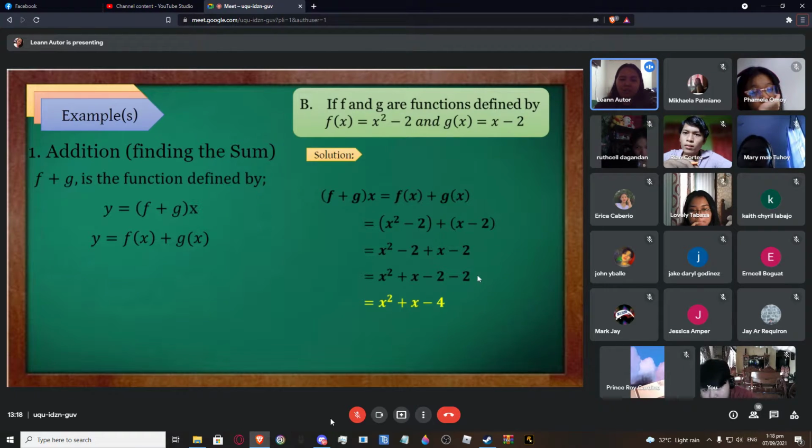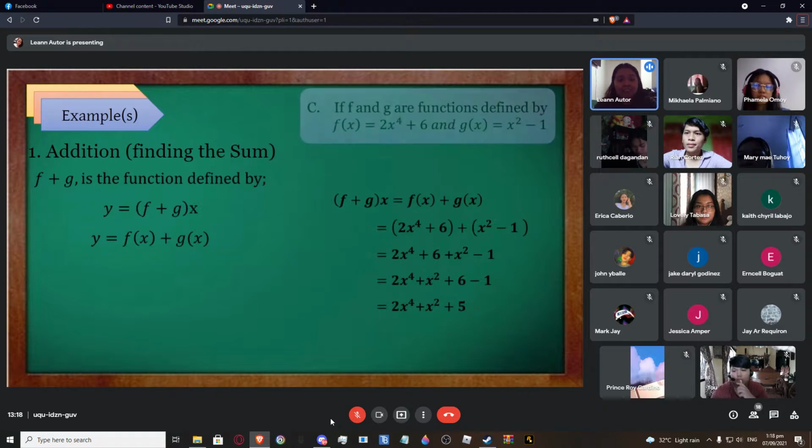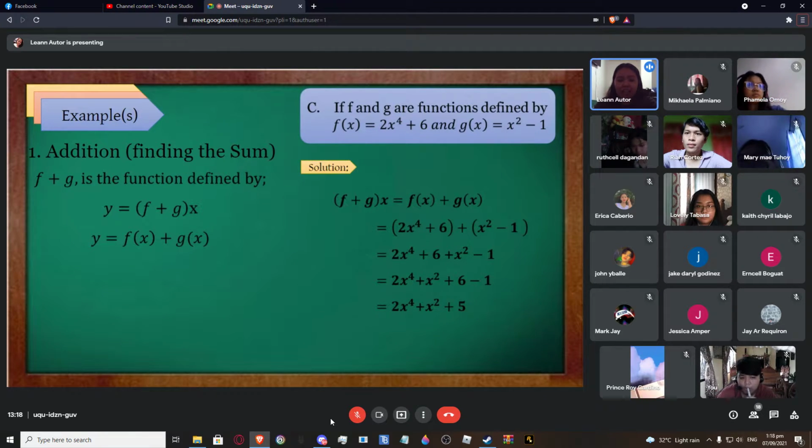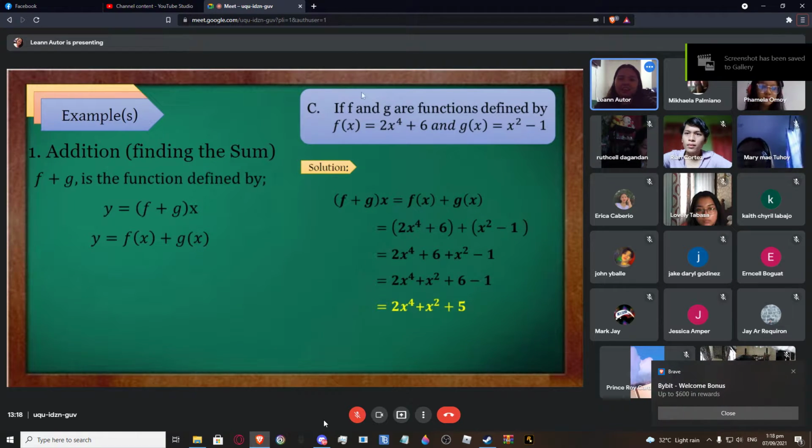So, -2, -2, -4. Okay. Clear ba, class? Clear, ma'am. Alright. Pwede na tayo mag-proceed. So here's another example again of adding a function. Na-understand naman ninyo ang addition.